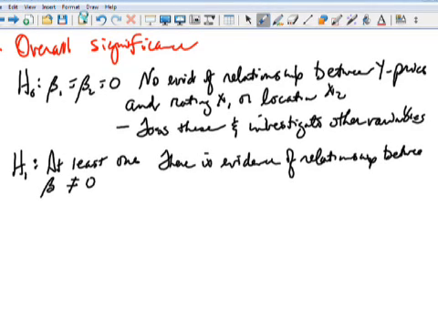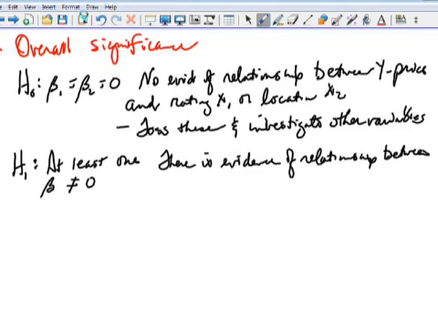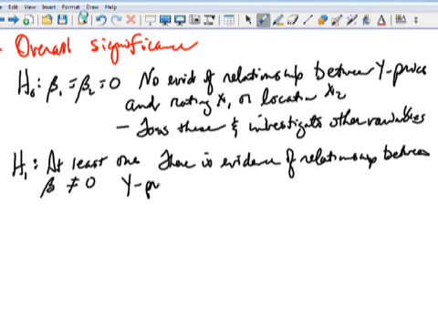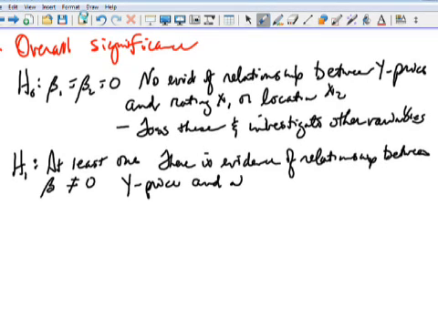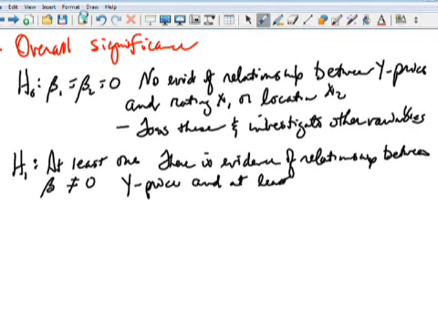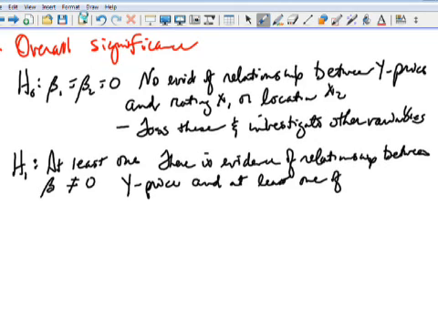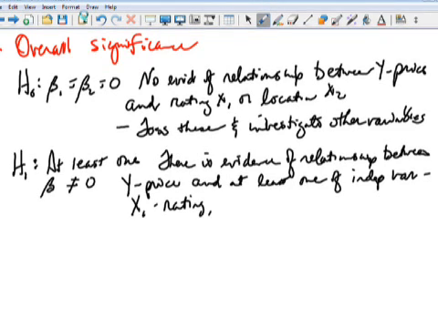between Y price and at least one of the X's, or at least one of the independent variables, X1 rating, X2 location.